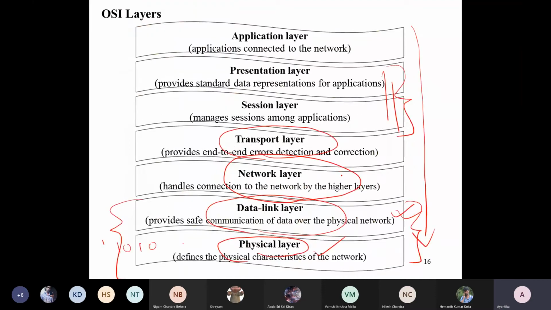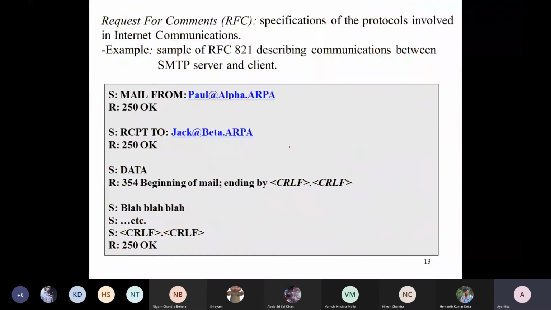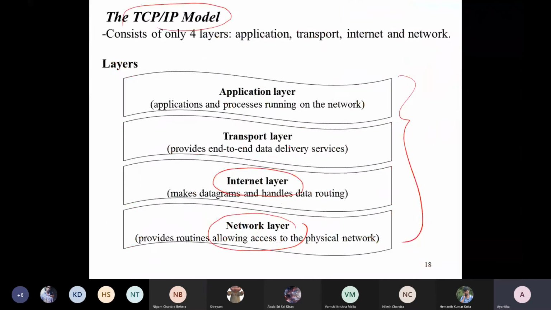If I go back to this diagram, when any data is coming to this bridge or this router, it should take the decision based on some inputs from this data packet, in which direction that packet should go. So that mapping and decision making protocols are designed in this internet layer.